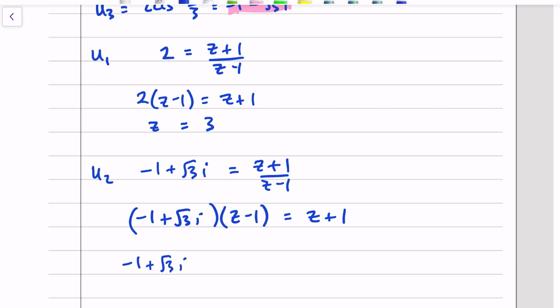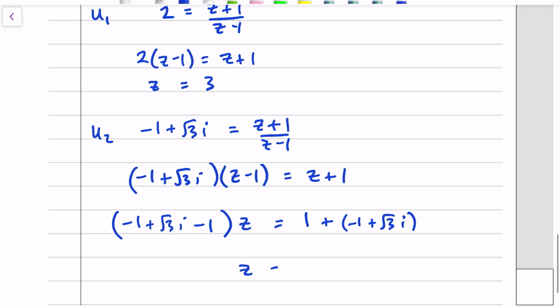And then we've also got a z on the right that moves to the left, so minus 1 all times z. And on the right hand side we've got a 1. We also need to move that complex number on the left, which is minus 1 plus root 3i times minus 1. Move it to the other side as plus minus 1 plus root 3i. Okay, and then divide. z is equal to root 3i all divided by minus 2 plus root 3i.